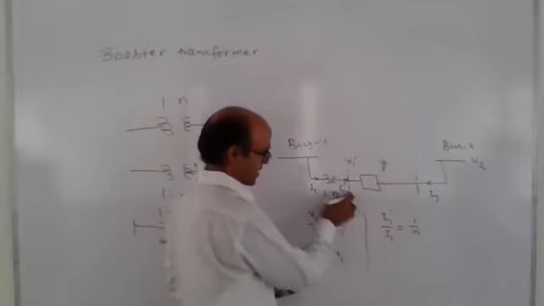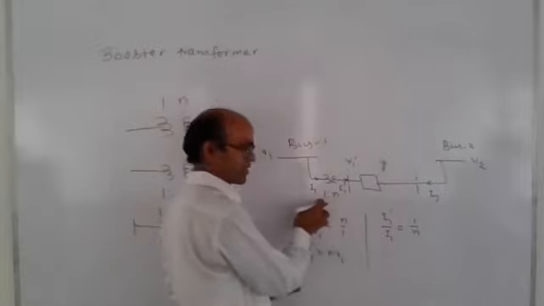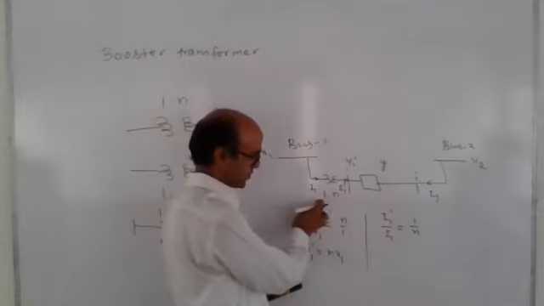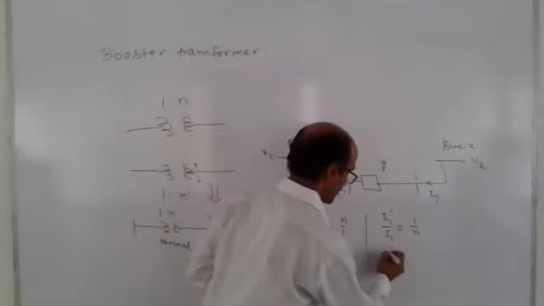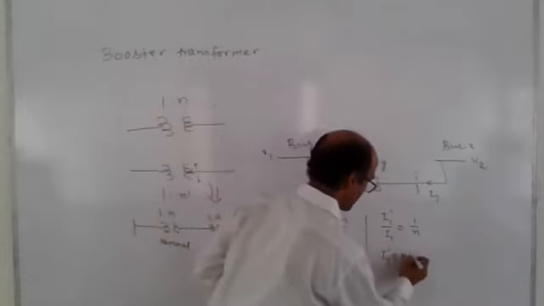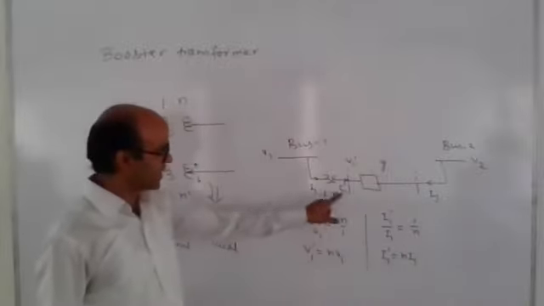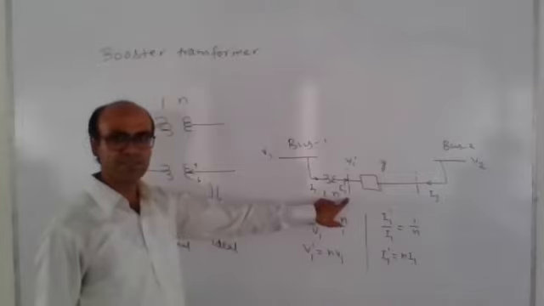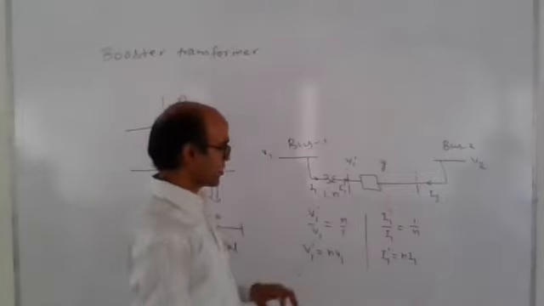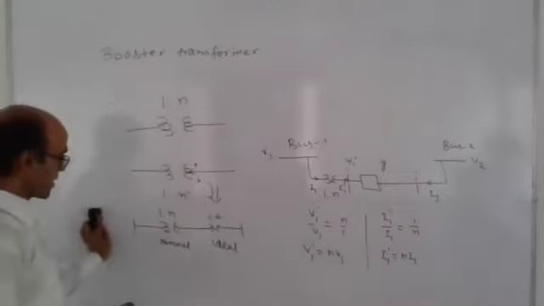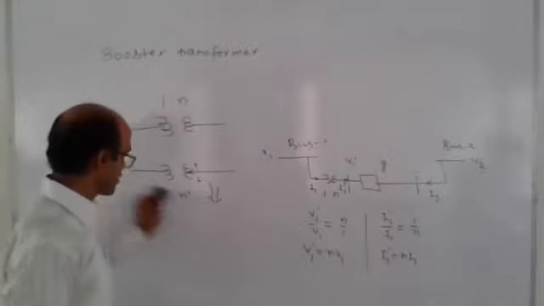So this is I1 dash, the current of this side to the turn of this side. Okay. The ratio is opposite. What is I1 dash? I1 dash is n times I1. This is simply by turn ratio. I am finding at this point what is the voltage and current. Then simply put I equals y into V form.